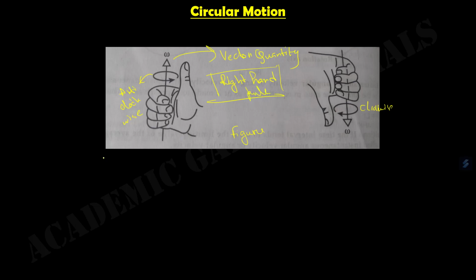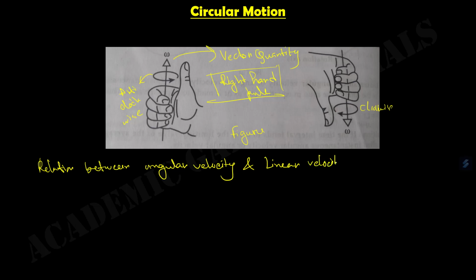Coming to the next point, which is the relation between angular velocity and linear velocity. We represent angular velocity as omega and linear velocity as v. The relation between angular velocity and linear velocity is v equals r omega, where r is the radius vector.